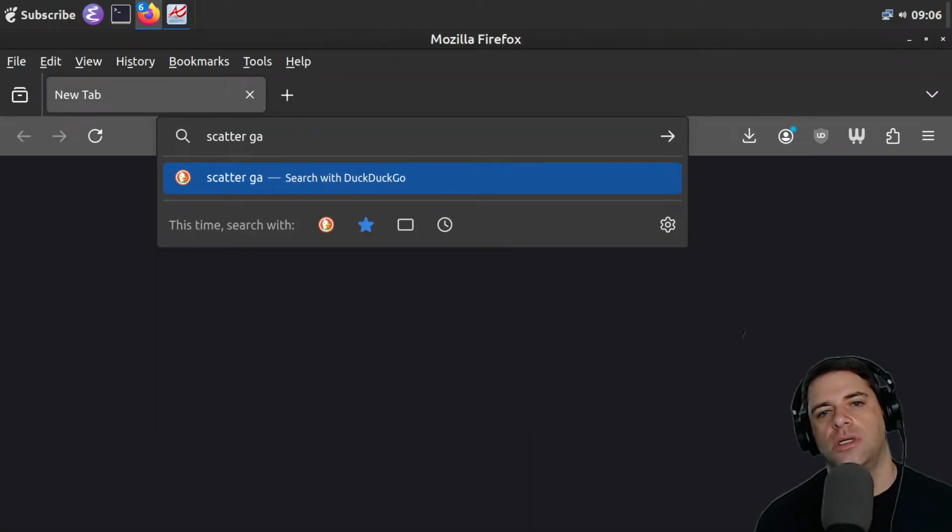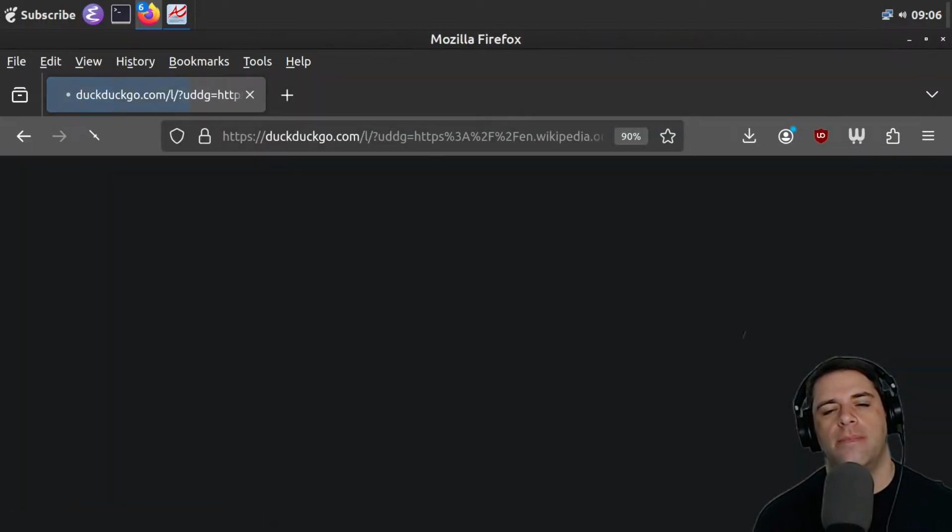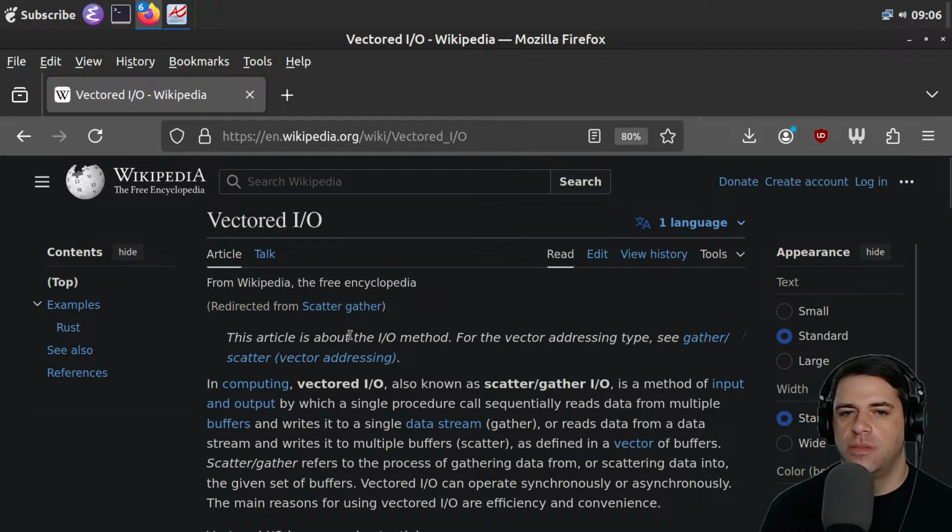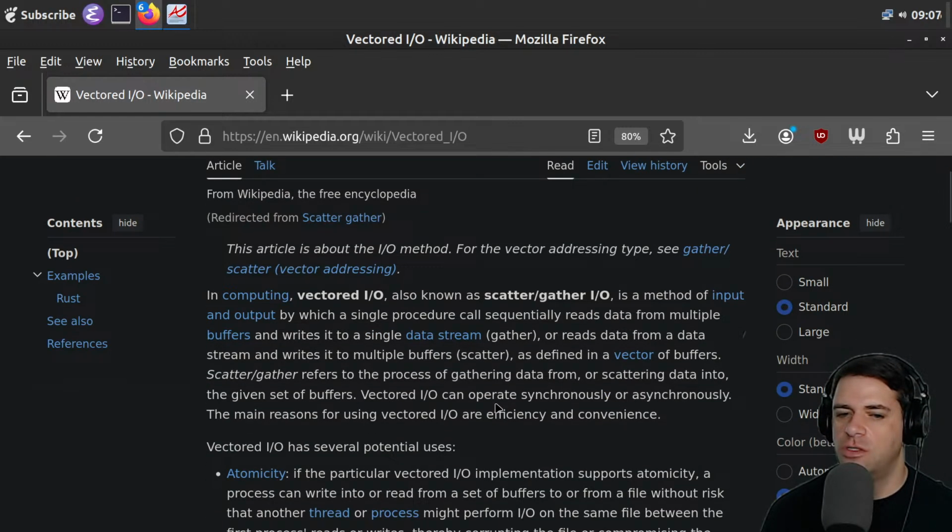This is standard high performance computing stuff, in vectored I/O, also known as scatter gather I/O. I'm not sure which of these is the right way to think of it. It's a method of input and output by which a single procedure call sequentially reads data from multiple buffers and writes it to a single data stream.